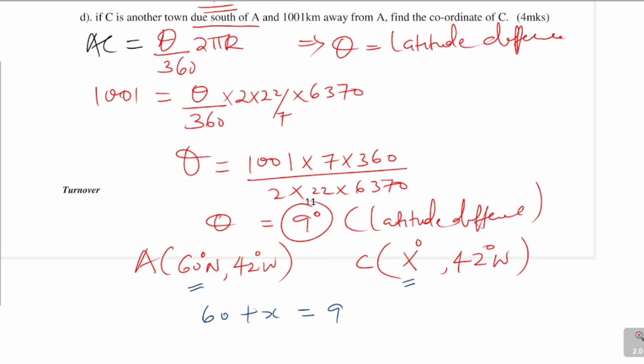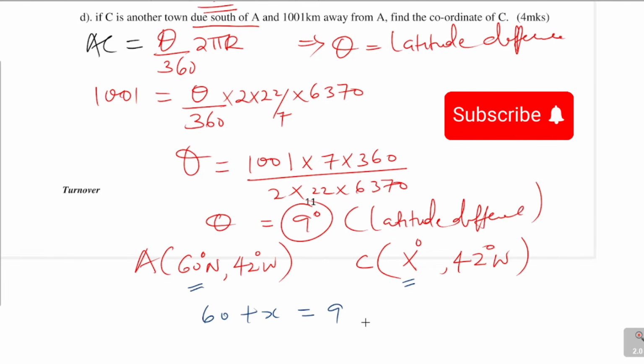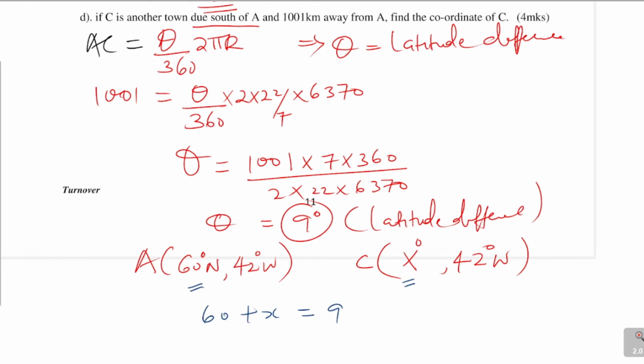But this one is not applicable, since you get a negative value for X. So that means C is not located to the south. It is to the north, and that is why 60 degrees subtract X should give you 9.